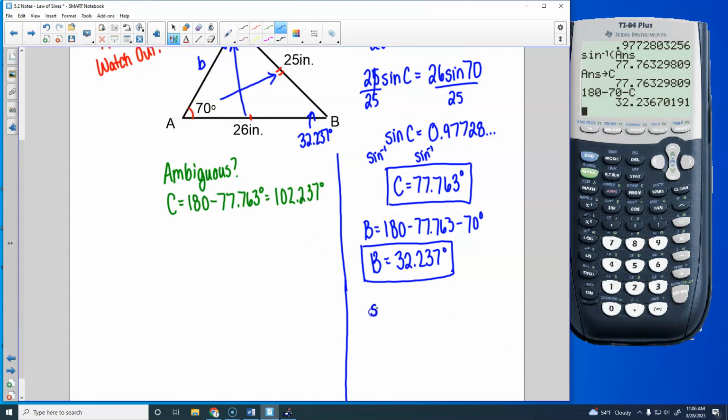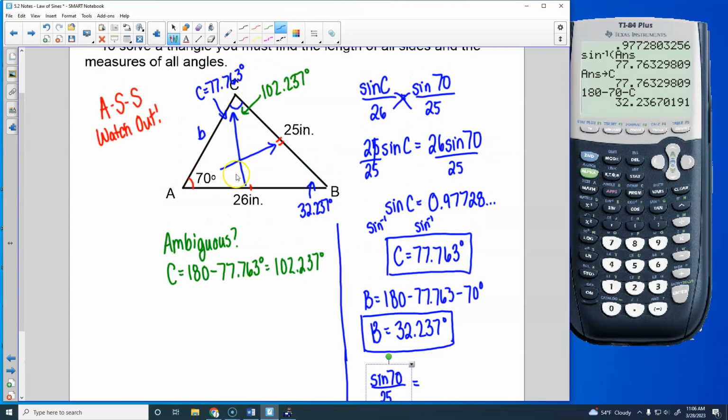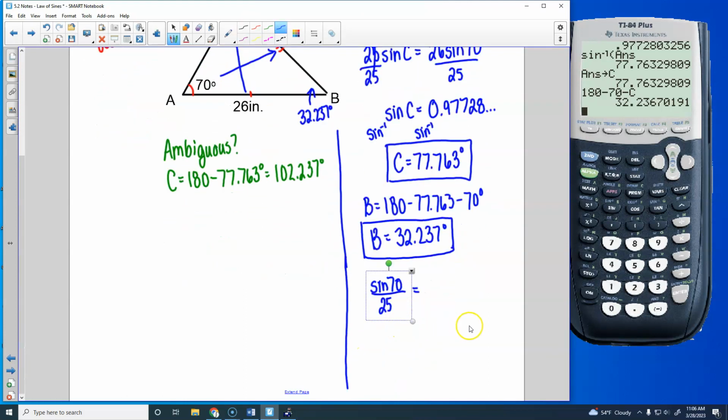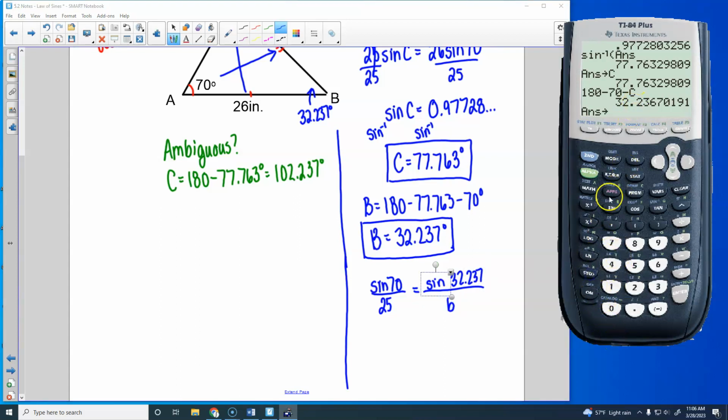I would suggest using sine 70 over 25 as one of your factors, although you could use sine of C over this because you do know that number now, but you don't have to round if you use this instead. And then sine of B, which is 32.237, divided by side B, which we don't know. Because this is angle B, I should go ahead and store that as B. That way I've got it stored in my calculator, so I don't even have to round there either.